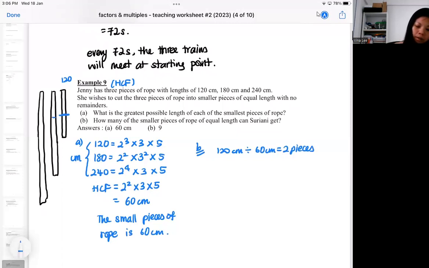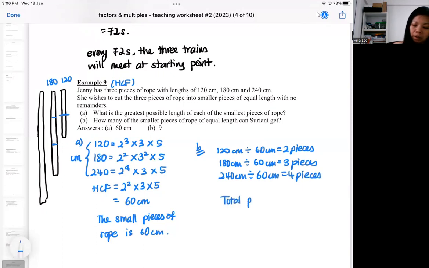And here, it will be 3 pieces from the 180 centimeter piece. From the longest piece, you will get 4 pieces. So the total pieces after she decides to cut will be 2 plus 3 plus 4. So we will have a total of 9 pieces.